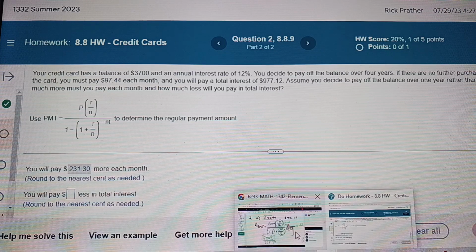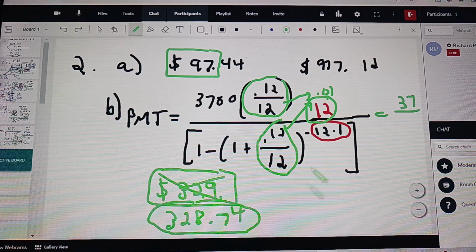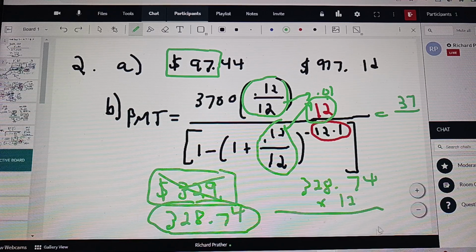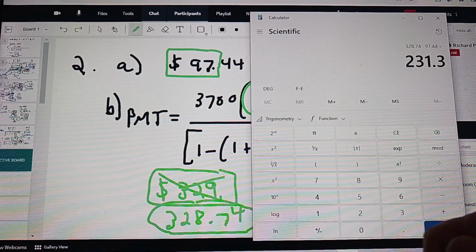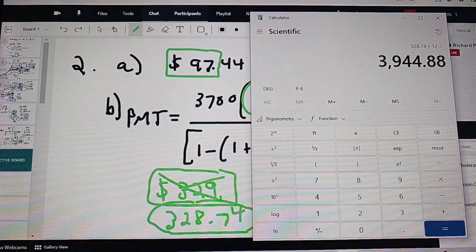But if you are able to afford that, let's see how much it makes a difference on the interest. Because now you're going to pay $328.74 every month for only 12 months. $328.74 times 12 months. This is how much you're physically paying. $328.74 times 12, you're going to pay $3,944.88.